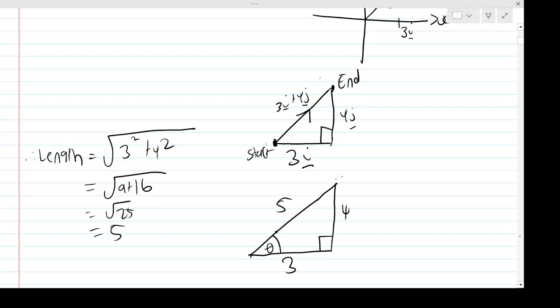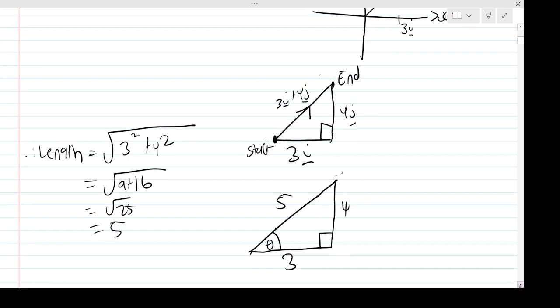You can think of that as the direction. The angle a vector goes up in is the direction of the vector. It's telling us the projection of where to go up in. So that angle theta is going to be my direction.